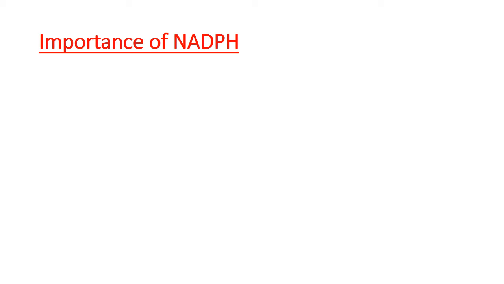Importance of NADPH. It is important for reductive biosynthesis. Reductive biosynthesis requires this NADPH. NADPH, the high energy molecule, behaves much in the same way as NADH, but the electrons of NADPH are destined for use in the reductive biosynthesis of steroids, cholesterol, and fatty acids, rather than transferred to oxygen as is the case with NADH, which enters the electron transport chain.